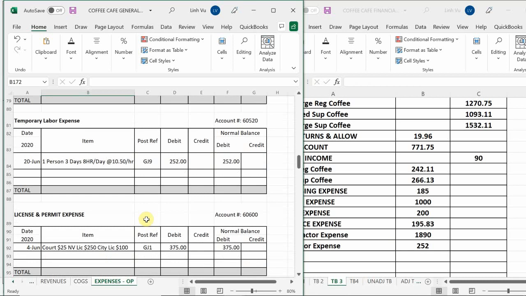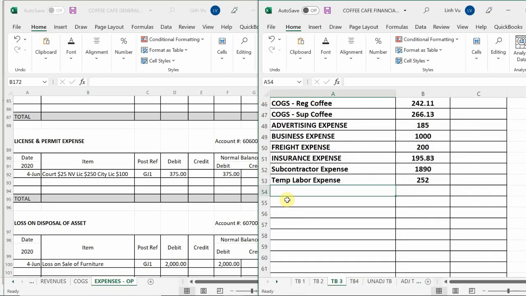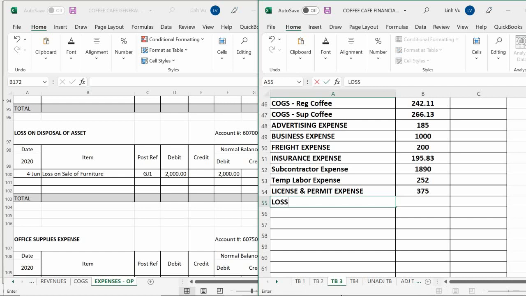We had some license and permit expense. For how much? 375. We had some loss on disposal of assets. For 2,000.